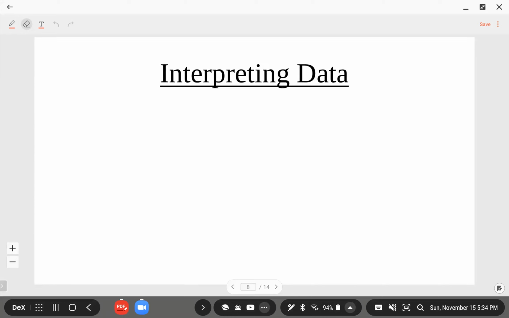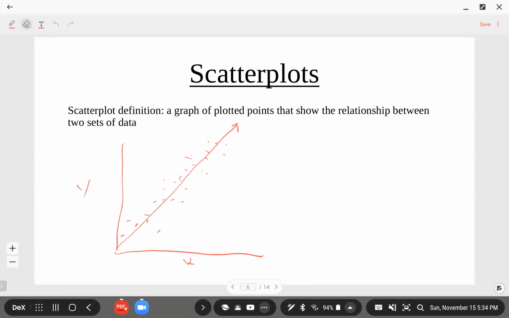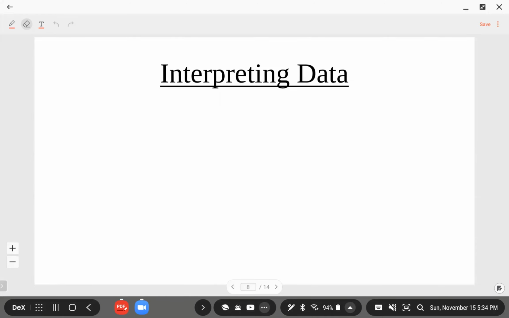Okay, so you see here we have a trend line, and there is interpreting data. Basically what I want to talk about on this specific slide is the types of association in a set of data.